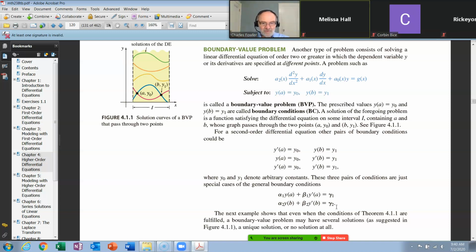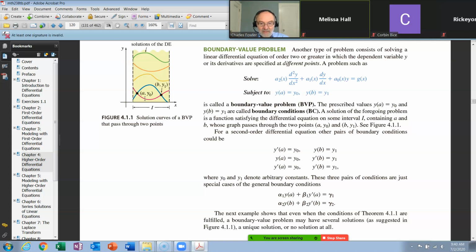This next example shows that even when the conditions of theorem 4.1.1 are fulfilled, a boundary value problem may have several solutions, as shown here in this figure. This shows two, but it can have several solutions of the same boundary values.